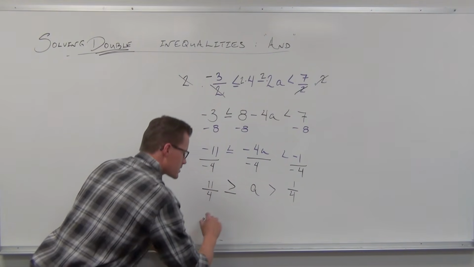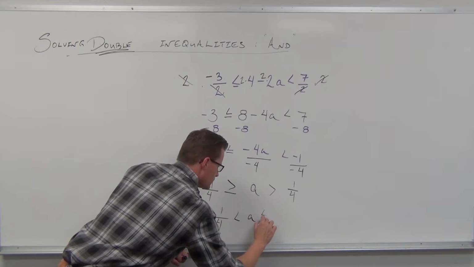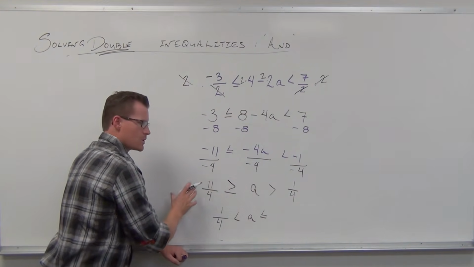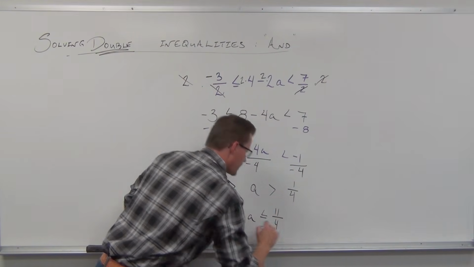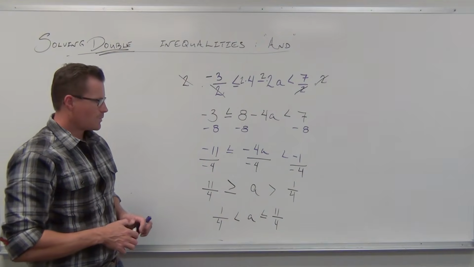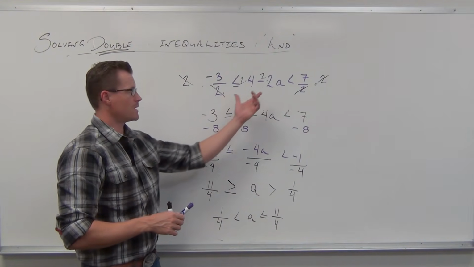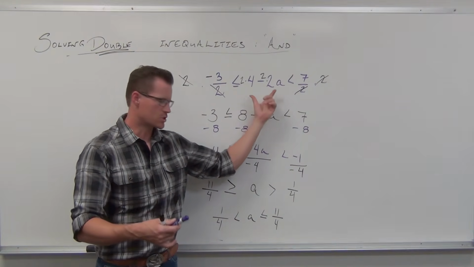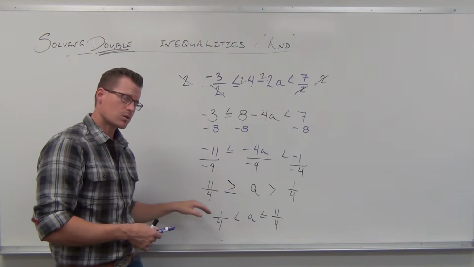If we reverse this, the inequalities that are associated with their numbers have to follow those numbers. So basically what this says is that all numbers that are going to work in this double inequality, to be in the solution set, are the numbers between 1/4 and 11/4, not including the 1/4.